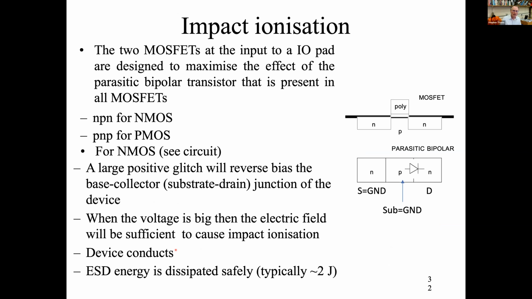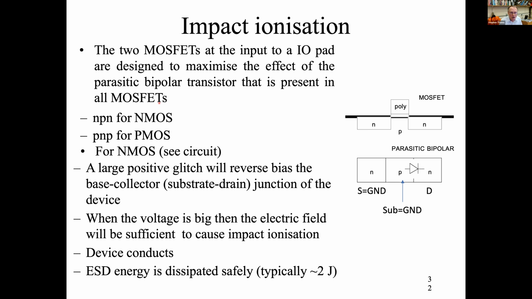So the way the surge protection works is by impact ionization. Normally, as I said, you design a MOSFET to minimize the effect of the parasitic bipolar and to make sure it's biased in such a way that it never turns on. But in this particular case, what you're wanting to do is to maximize the effect of the parasitic bipolar, because that is what you're going to be using to take away the current spike, which comes from a voltage spike.